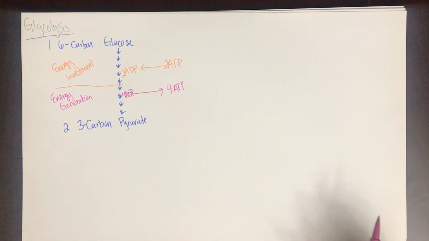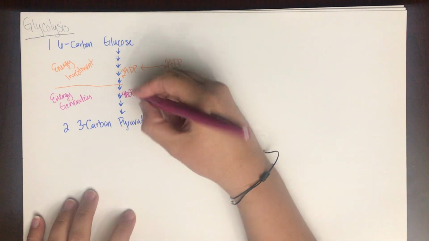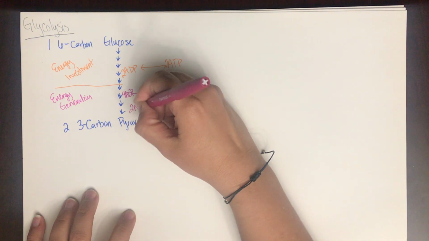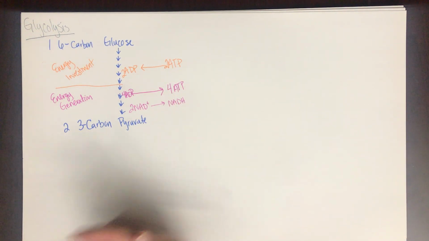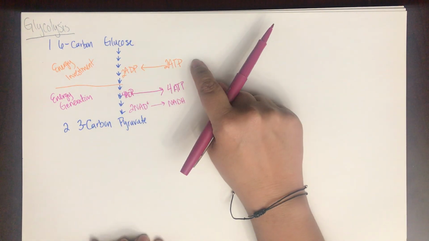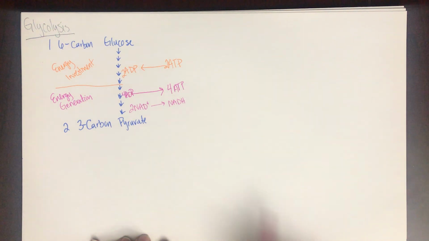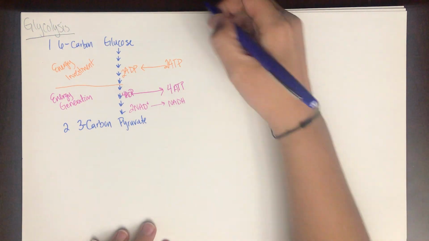We also are going to reduce 2 electron carriers. NAD plus is going to get reduced to NADH. So overall, the whole 10 steps of glycolysis, we put in 1 glucose, we're going to put in 2 ATP, we're going to get out 4 ATP.